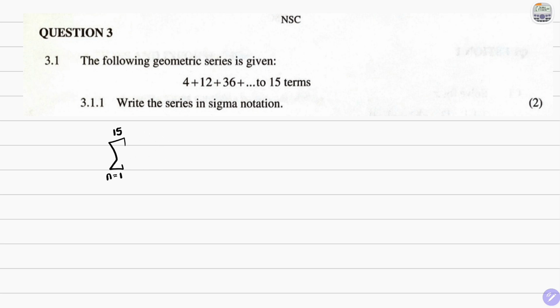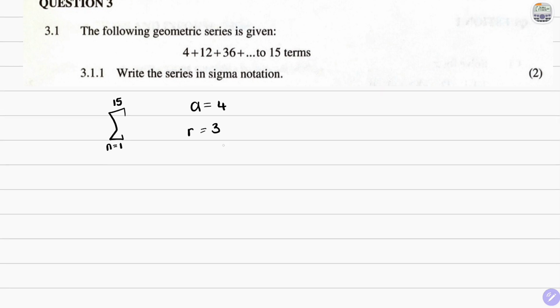So let's just find the Tn formula for this series. The value of A is 4, and the value of R is 36 divided by 12, which is 3. 12 divided by 4 is also 3. So the ratio is 3. The general formula for a geometric series is Tn equals A multiplied by R raised to the power of n minus 1.